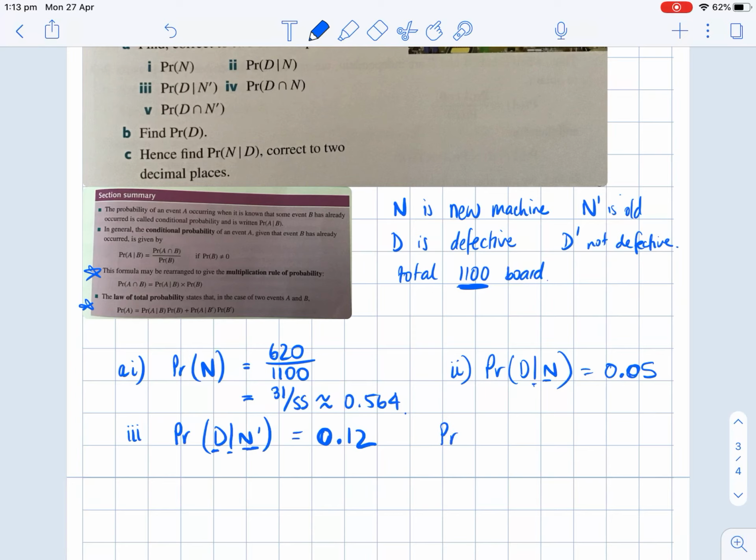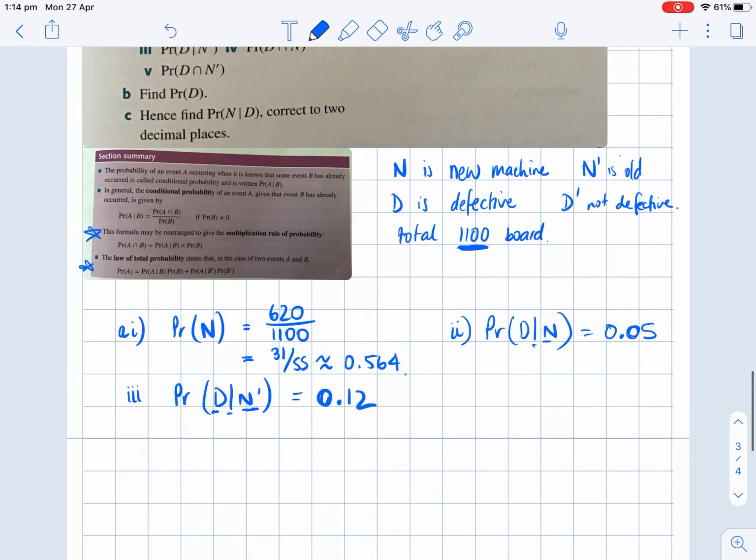And then we want the probability that it is defective and from the new machine. This is where we might want to actually use my formula. So I'm going to rub that out and give myself a little bit more space.